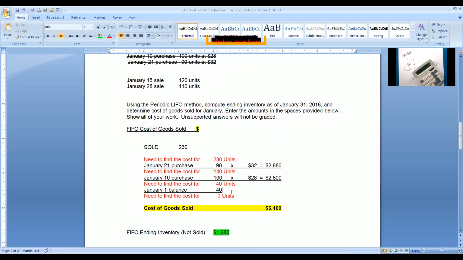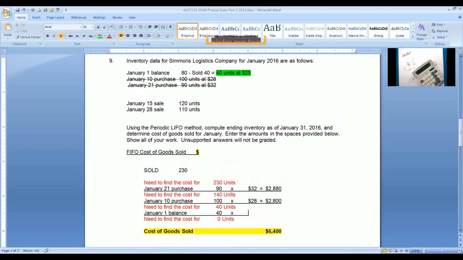And this one will be $25. Yeah, 1,000. 1,000. Yep. Okay.